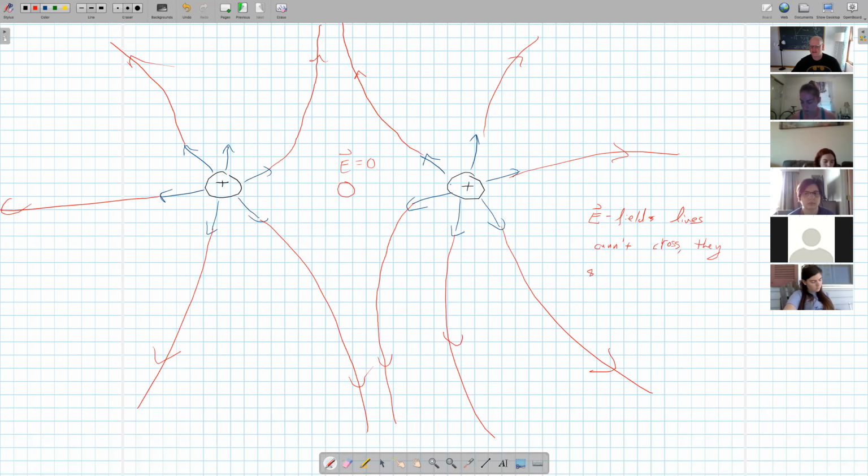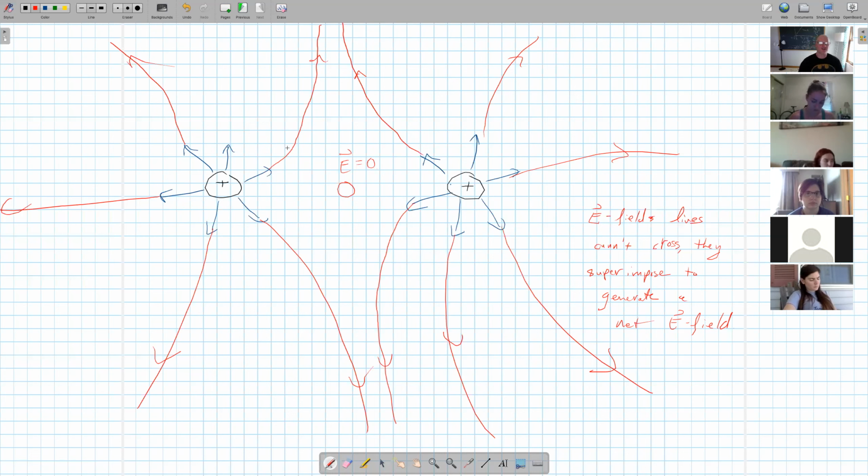They superimpose to generate a net electric field. Okay. And again, since they are vectorial quantities, if they point in opposite directions, they will cancel each other to create 0 amount of field, like at this particular location.